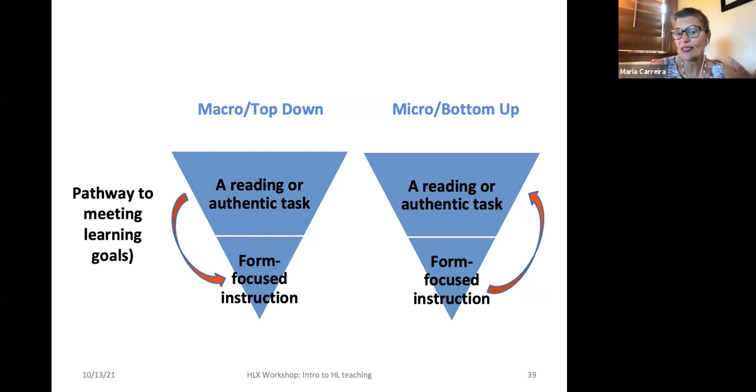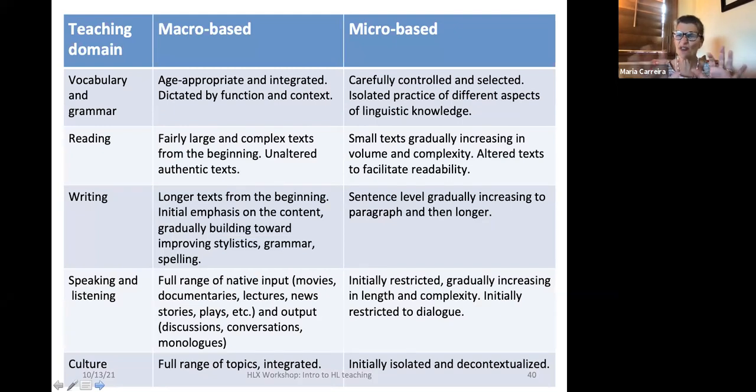Each of the chapters was designed going micro, but it was this thing that was kind of moving everything, propelling us to the end in finding those readings, right? With HL teaching, it's the other way around. You want to start with a topic, a reading, a movie, a discussion that's really interesting. And then you want to fill in gaps, right? That students need in order to fully engage with that task. Just a few little things. This chart is too much for now.